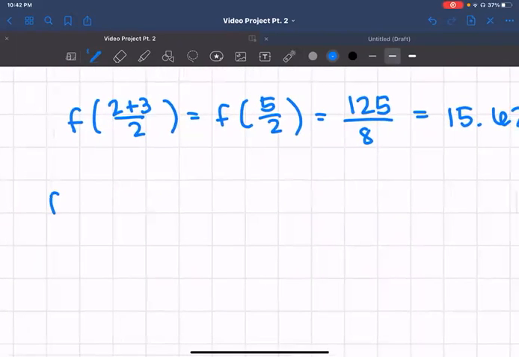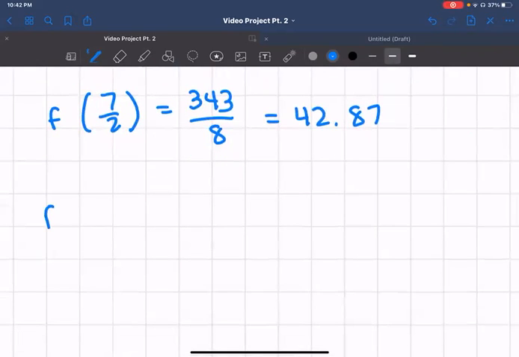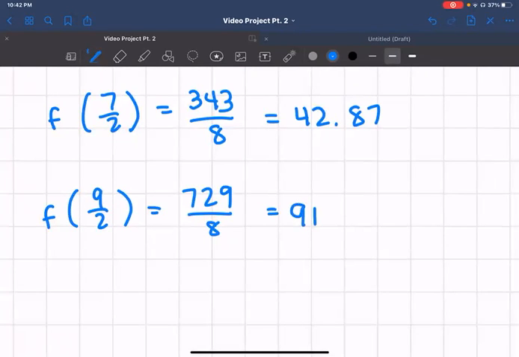And then for the other ones, f of 7 over 2 equals 343 over 8, which equals 42.87. For the third, f of 9 over 2 equals 729 over 8 equals 91.12.